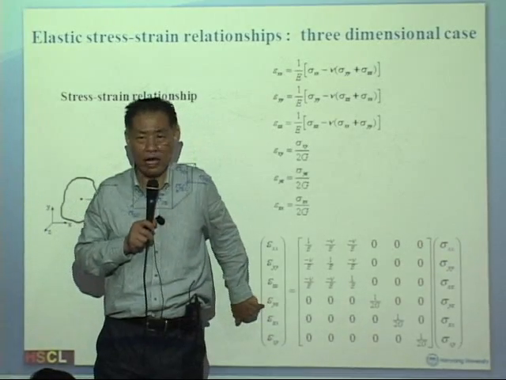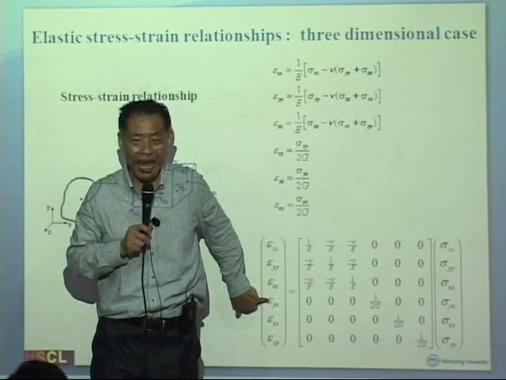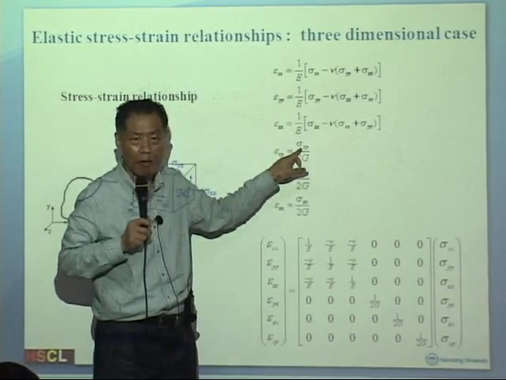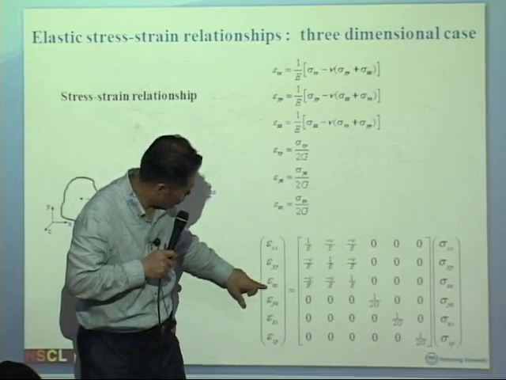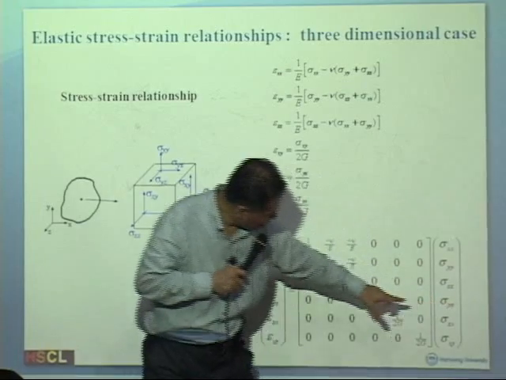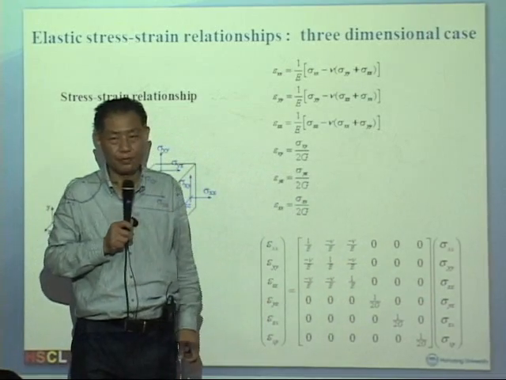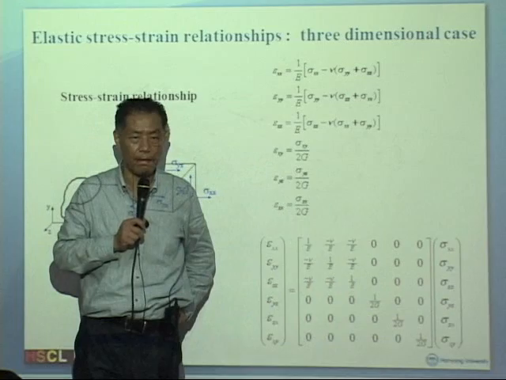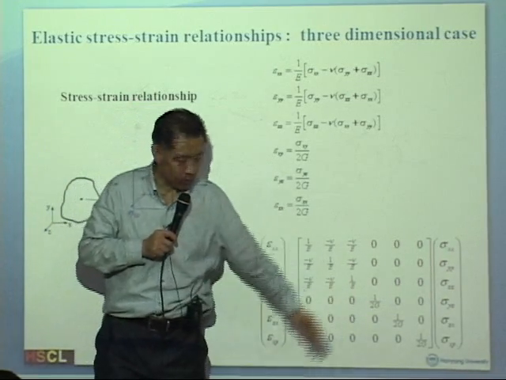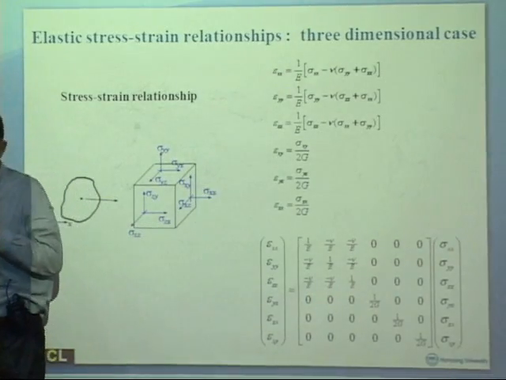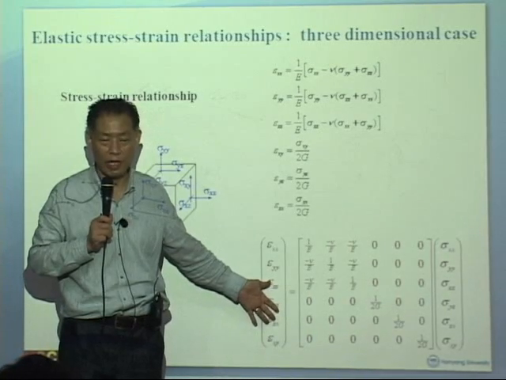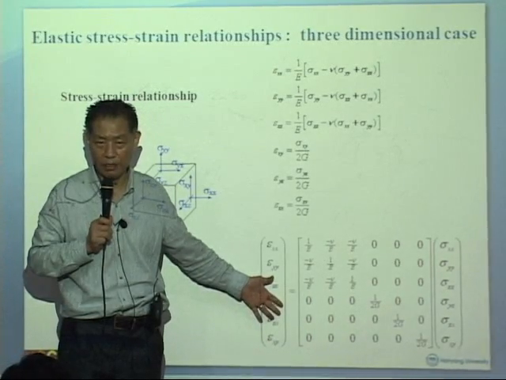And epsilon xy only has a relation with sigma xy. So as you can see here, sigma yx or xy has a relation with epsilon yx. And same for others. So you have to understand and you have to memorize this equation.